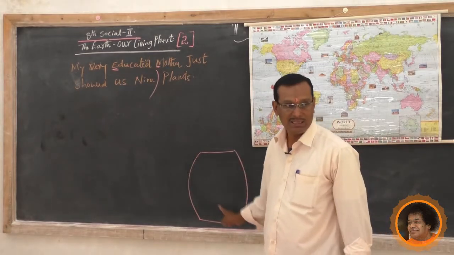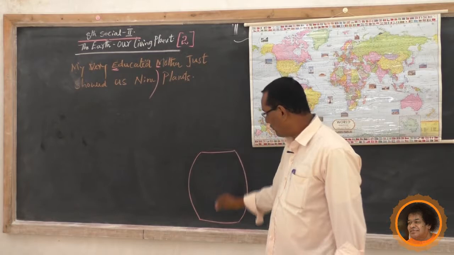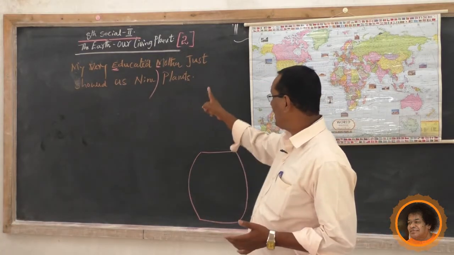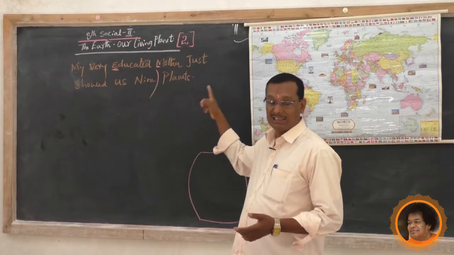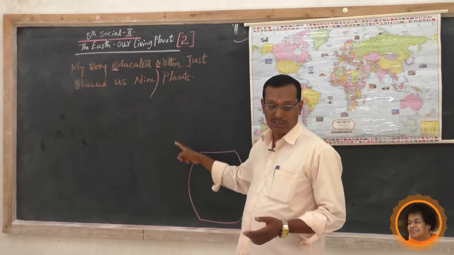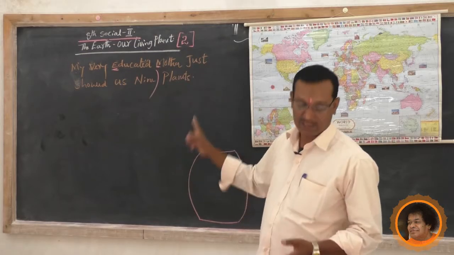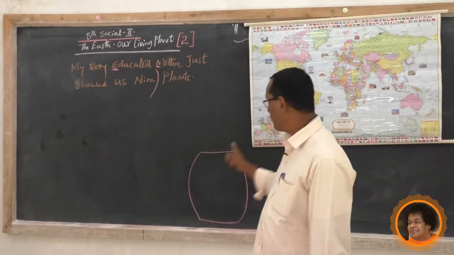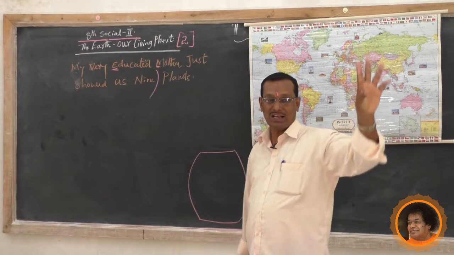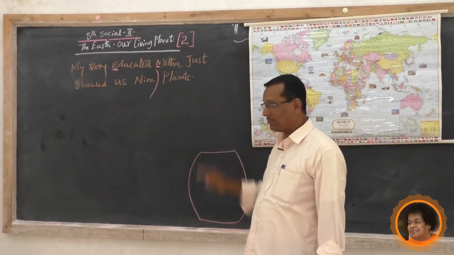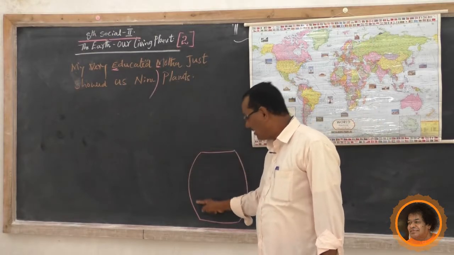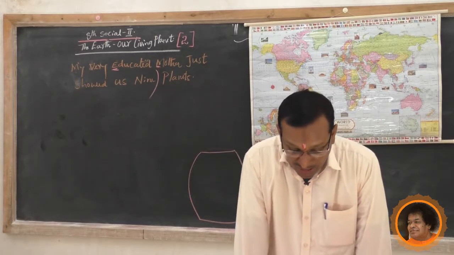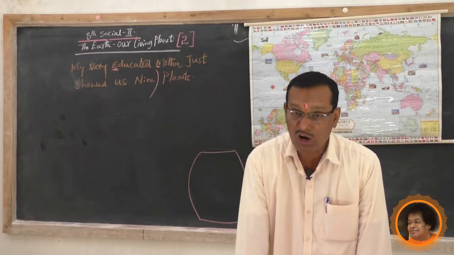Bulge means wide. Therefore, it is also stated that the shape of the Earth is geoid shape, earth shaped, or oblate spheroid. There are 3 names here: geoid shape, earth shaped, and oblate spheroid.